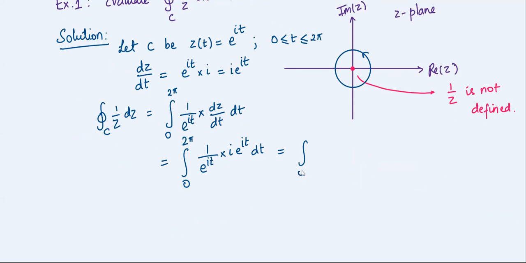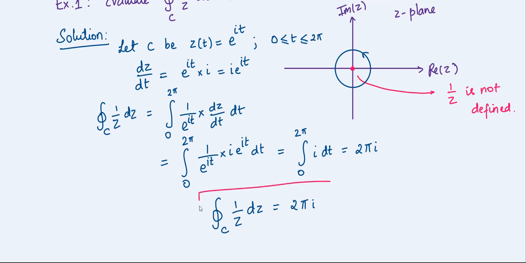So we get integral 0 to 2 pi I dt. This is 2 pi I. Very important result. Extremely important result. So along a unit circle, the integral of 1 over z is 2 pi I.